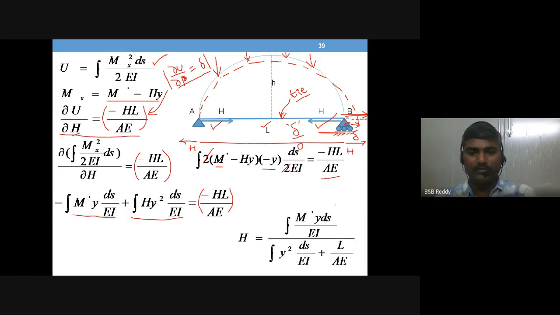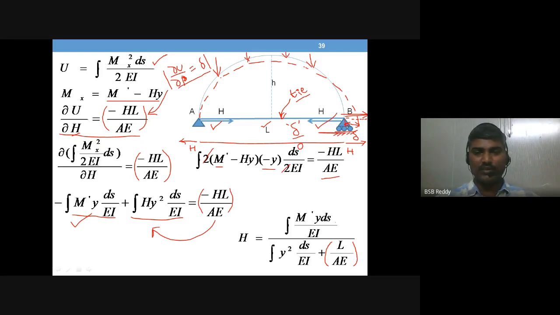Now combine the terms having H to one side. If you take this term to the right hand side and send this to the left hand side, you have H common, so this will become plus. H into integral y square ds by EI plus L by AE in the denominator.